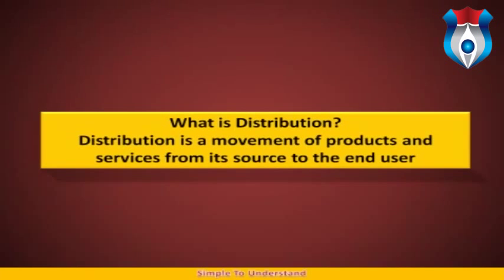Distribution is a movement of products and services from its source to the end user. In today's topic, we are not going to take services. We'll just focus on products for simplicity, and I will try to explain how the distribution is done, or what is distribution.